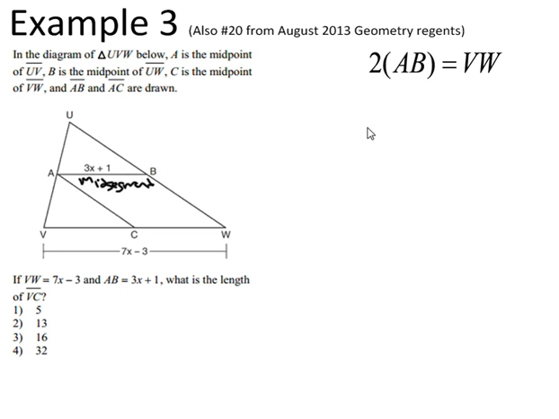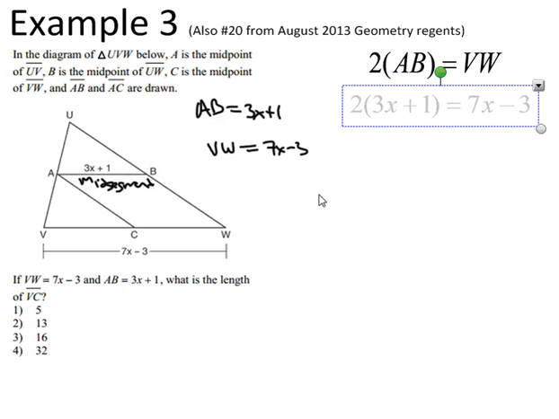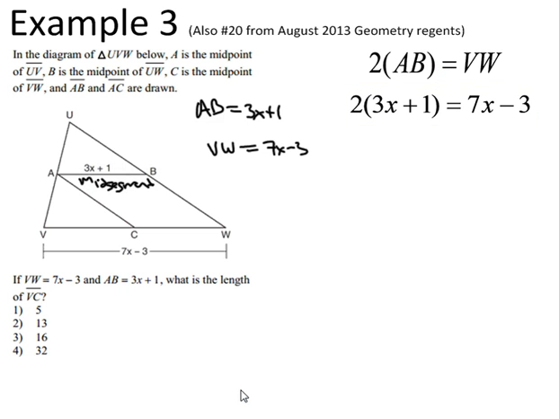Now I'm going to substitute into this. AB is equal to 3x plus 1, and VW is equal to 7x minus 3. So I'm going to substitute that into my equation up here, and I get that. So now I'm going to use the distributive property here, and then bring everything else down.